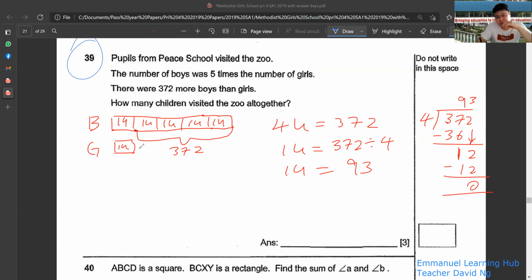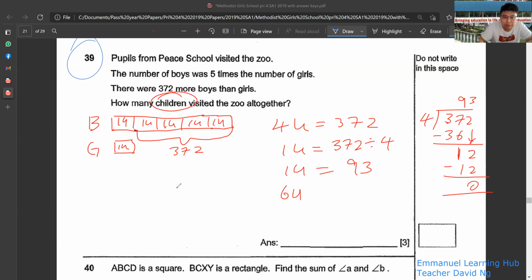You can count, right? I count for you. 1, 2, 3, 4, 5, 6. 6 units.